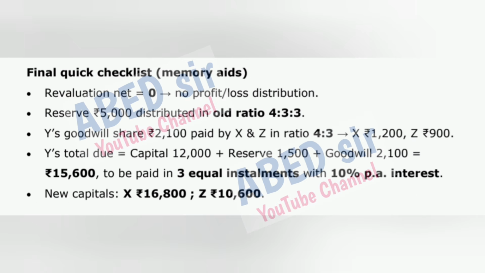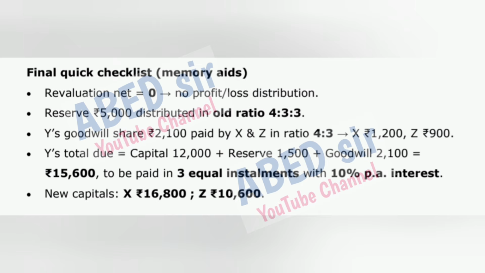Final quick checklist, memory aids. Revaluation net is equal to 0, no profit or loss distribution. Reserve 5,000 rupees distributed in old ratio 4:3:3. Y's goodwill share 2,100 rupees paid by X and Z in ratio 4:3: X 1,200 rupees, Z 900 rupees.